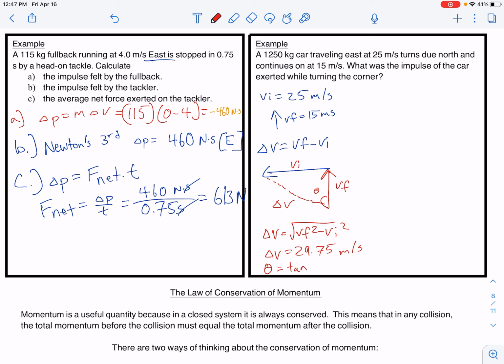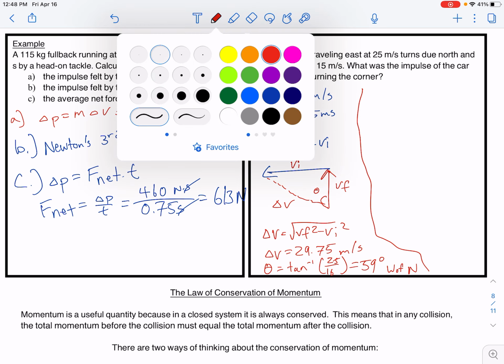Use the inverse tangent function to find my angle. Okay, end up with 59 degrees west of north. It doesn't necessarily even ask for that, but I just want to show that we can find that in a problem like this.